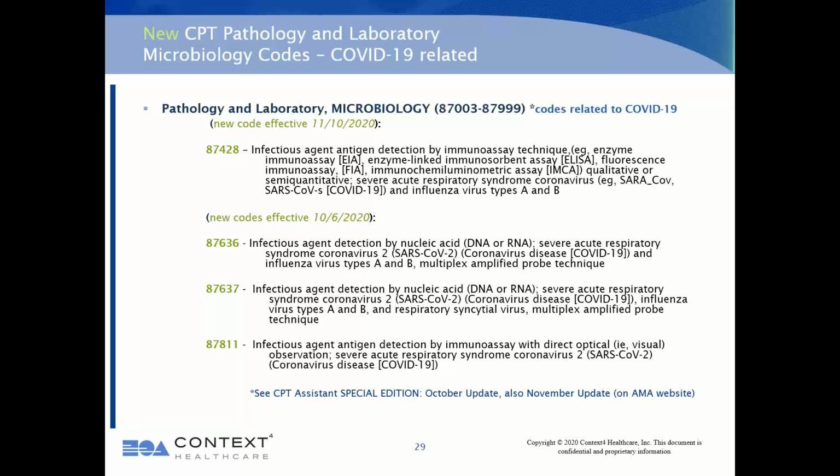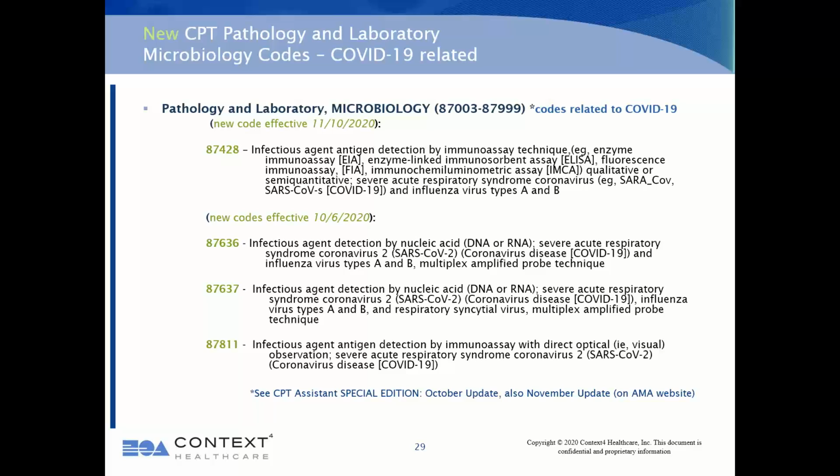These new codes 87636 and 87637 are for reporting multiplex amplified probe technique. So report 87636 once when simultaneously testing for SARS-2 and influenzas A and B, and report 87637 once when simultaneously testing SARS-2, influenzas A, B, and RSV.